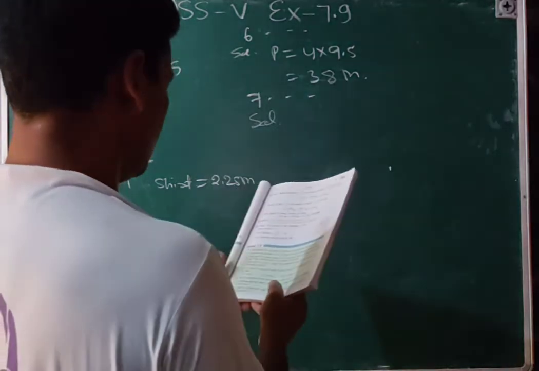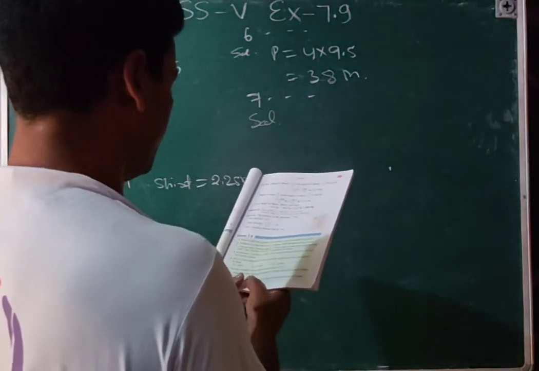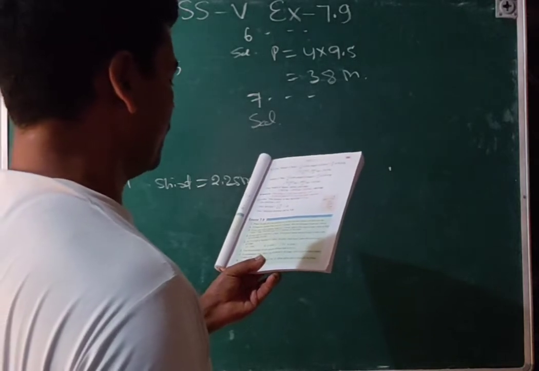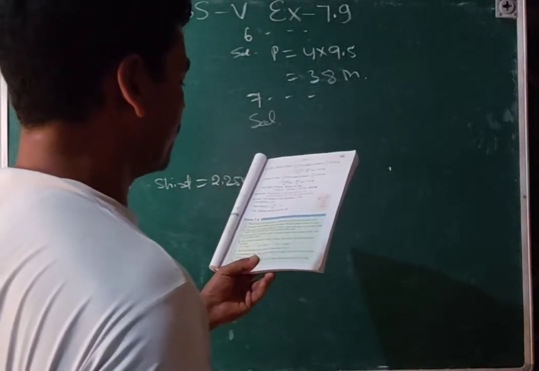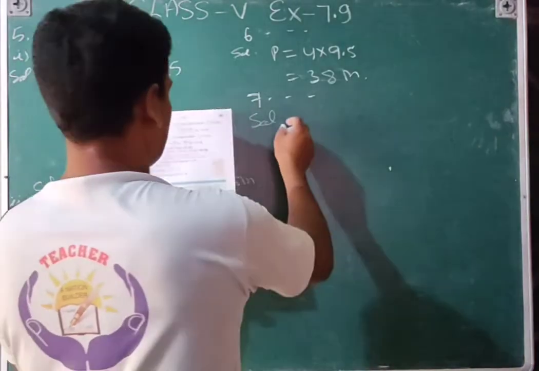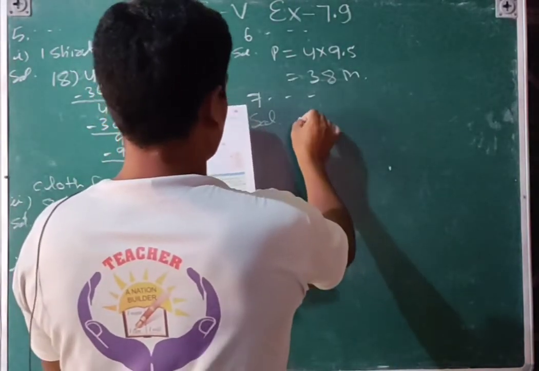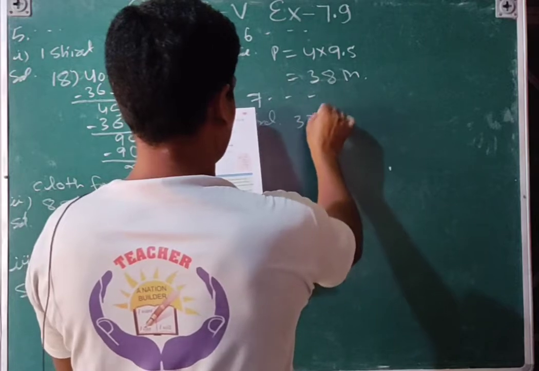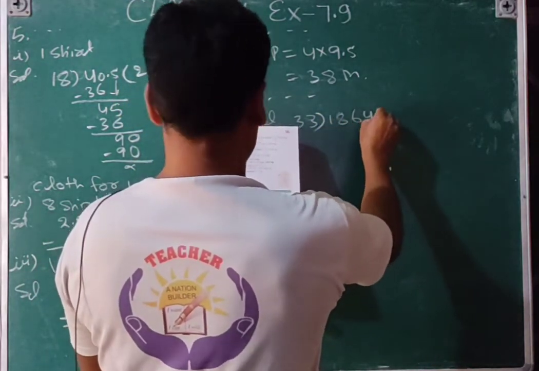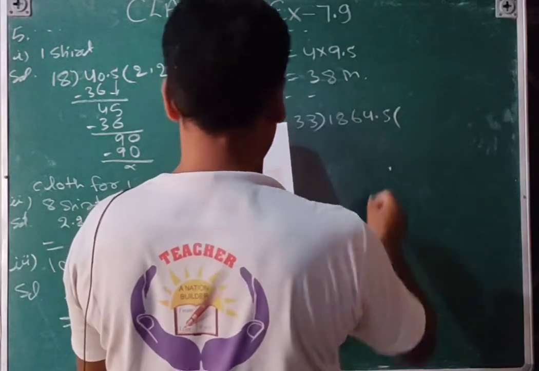Seventh question: if a shopkeeper has 1864.5 kg of wheat in 33 bags, how much wheat is there in each bag? So here also we'll divide. 33 divides 1864.5.